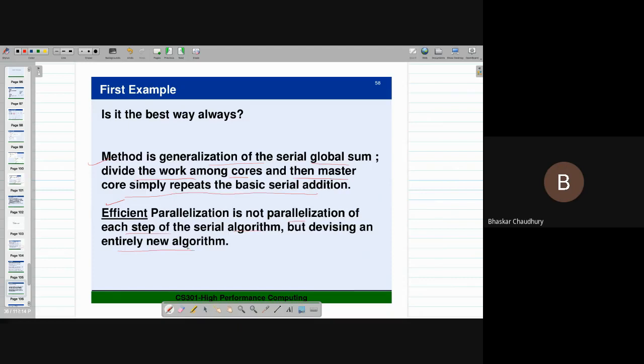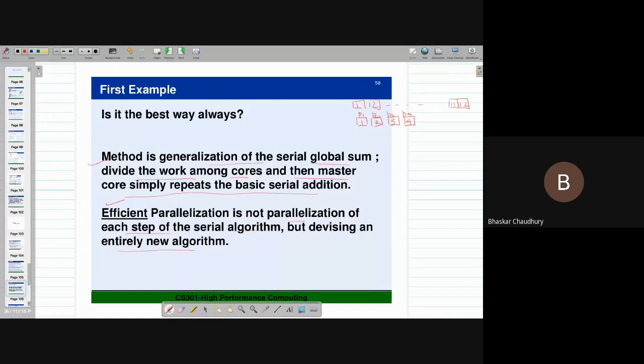So let me give you another example, with the same problem, addition of n numbers. Let's say I have numbers from 1 to 12. I just pick the first 4 numbers, 1, 2, 3, and 4. Let's say this is my processor 1, processor 2, processor 3, and processor 4.